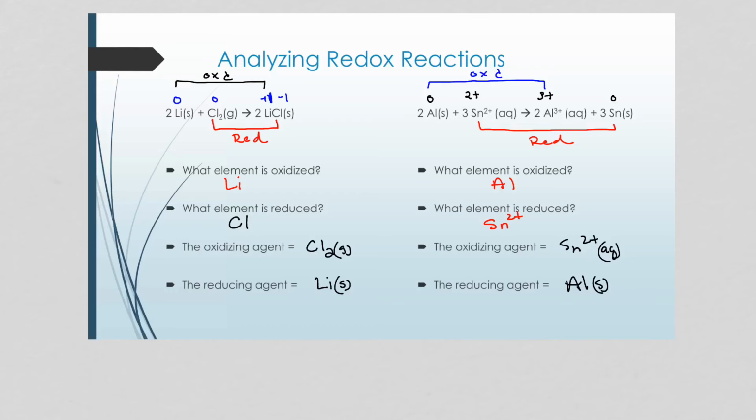So we can analyze redox reactions, but take a moment here and summarize some of the basic patterns we see in redox that might help us more quickly identify whether they're redox or not redox. So really, we've seen three families of redox reactions. The first one, which we saw earlier, is combustion.